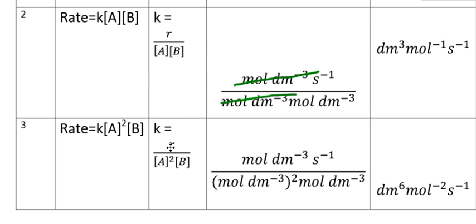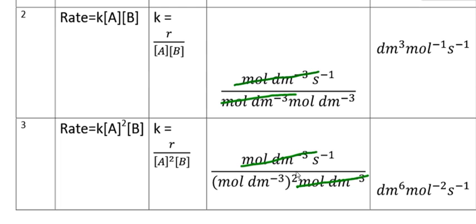You put the units of rate on the top again, and you put the units of the concentrations of A and B underneath again. Once again, I can see that I can do some cancelling, because here I've got moles decimeters to the minus 3, moles decimeters to the minus 3. So that can cancel with that.